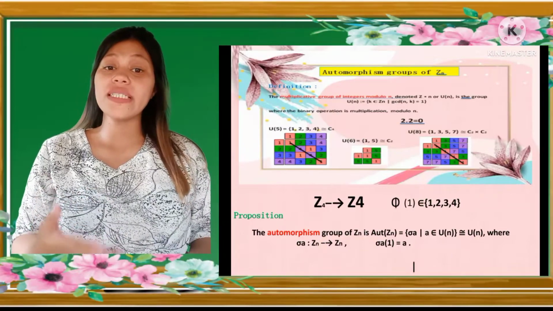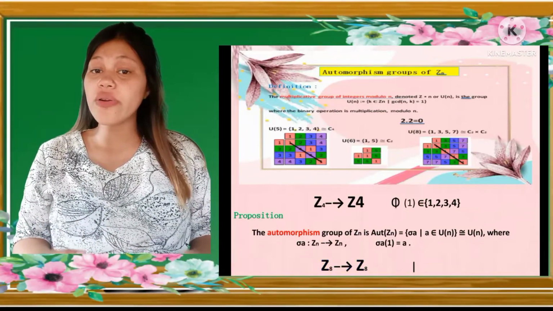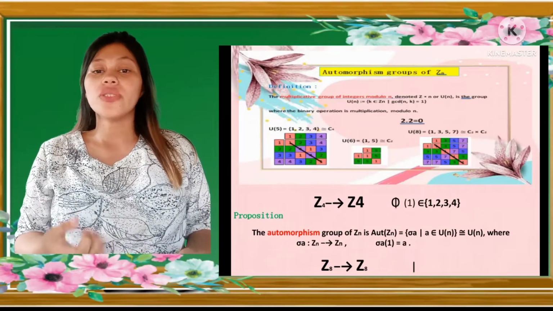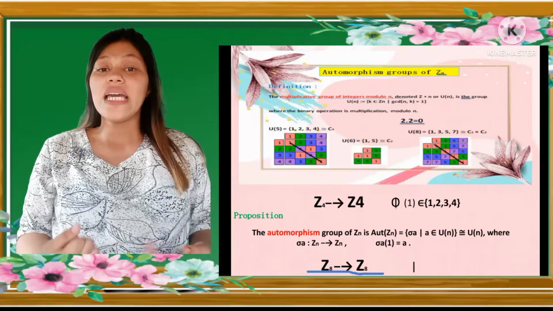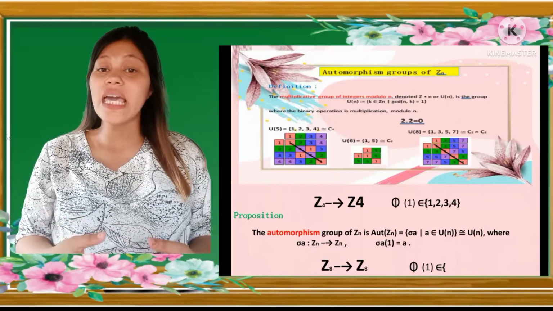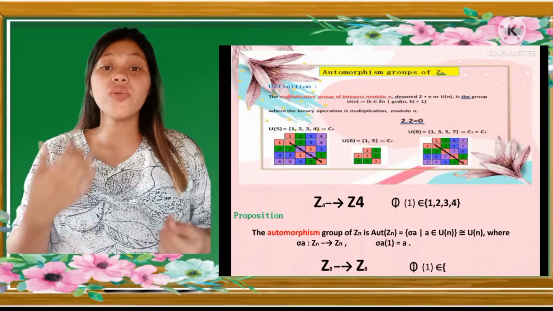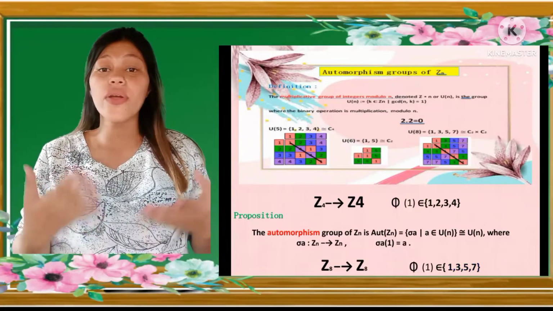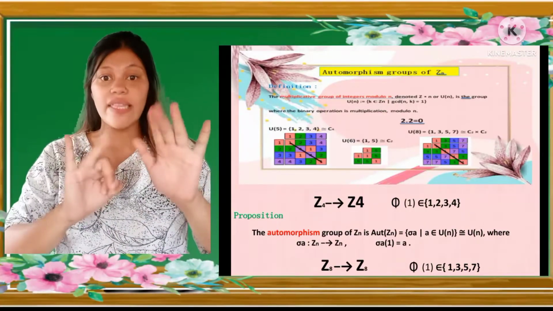Those are the numbers that are relatively prime to 5, so they are the generators of C4. Similarly, for the automorphism group of C8, a mapping from C8 to C8 is determined by phi of 1, and this has to be sent to a generator of C8, so there are 4 choices: 1, 3, 5, and 7.